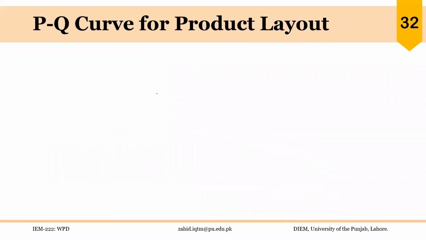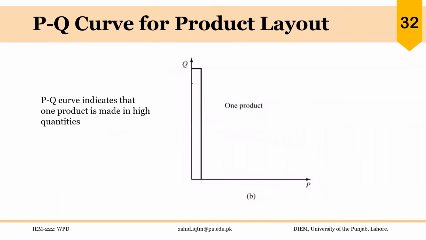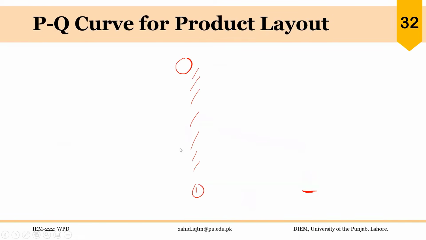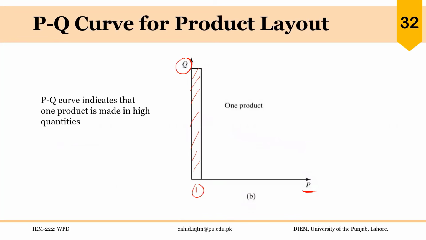But this situation is quite different from this, where only one product is going to be made in large quantity. The layout requirements in this case will be very different. You could visualize that this is a typical scenario. The one shown on the slide is for a process layout, and this one seems to be a candidate for a product layout. But the requirements will be totally different.